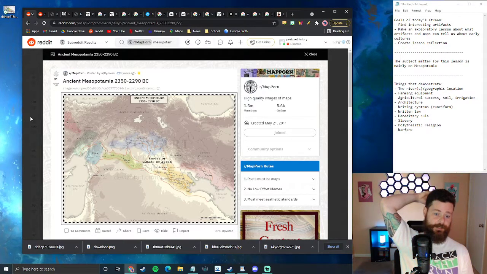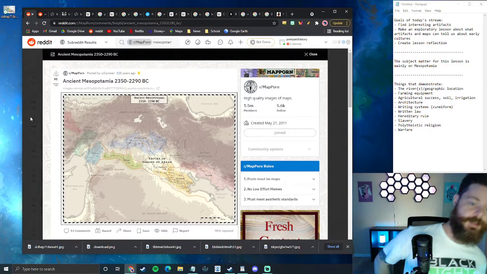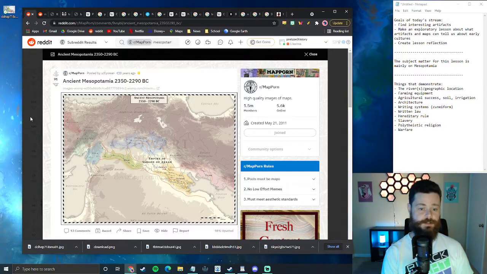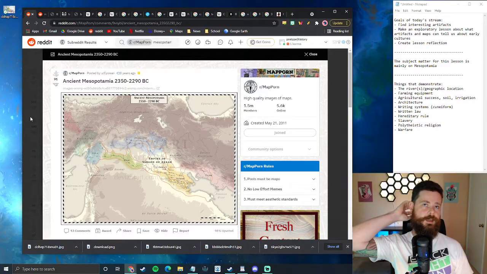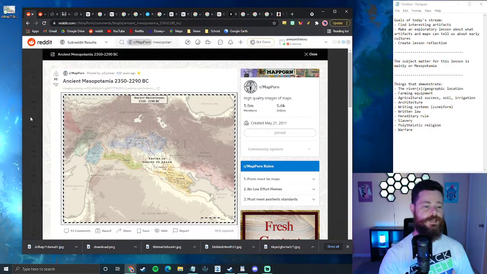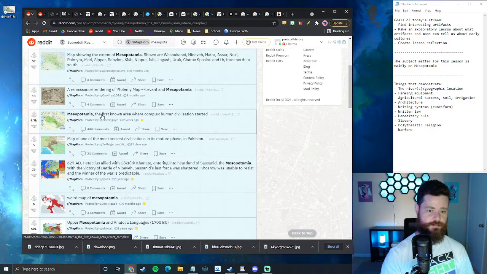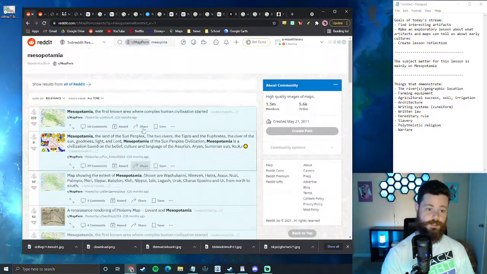The reason I like them personally is because I think they are very well done, they're well thought out, but I don't like them so much for teaching because they don't provide a really easy to understand view of these locations. I don't think they give an image that students can really easily interpret. So for example, this one. This one's a lot easier. Not much easier, but it's easier.